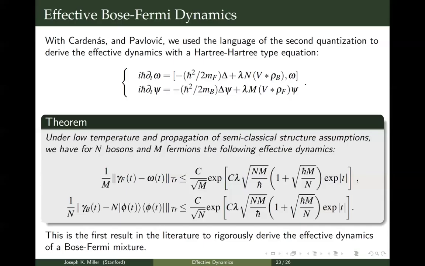Okay, and similarly, so this is the fermionic thing, is less than or equal to, I have a 1 over m, which is the number of fermions, times some exponent, and there's a bunch of parameters. Similarly, for the bosons, if I pull off the leading order piece, so this just means projection onto the wave function generated by this phi, where phi solves this equation, then I get another bound where I have a 1 over square root n popping out.